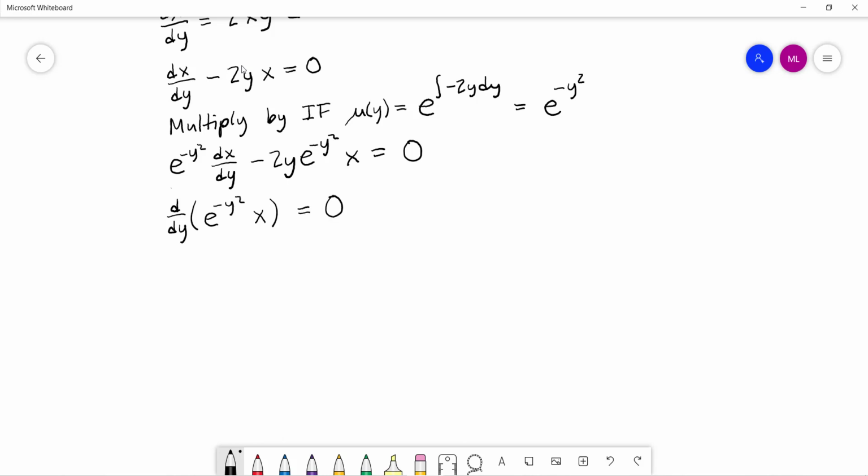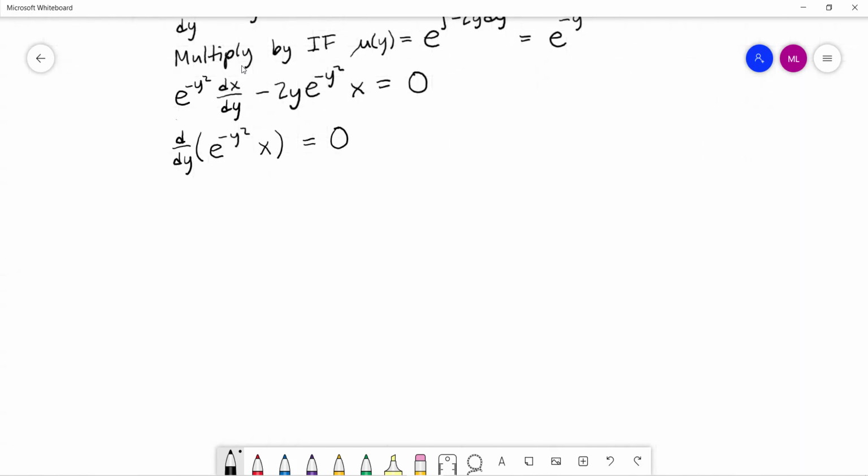That's equal to 0. And then we integrate both sides with respect to y. And on the right-hand side, I'm just going to get a constant. And on the left-hand side, I get e to the negative y squared times x. And when we solve for x, I will get that x equals c e to the positive y squared.